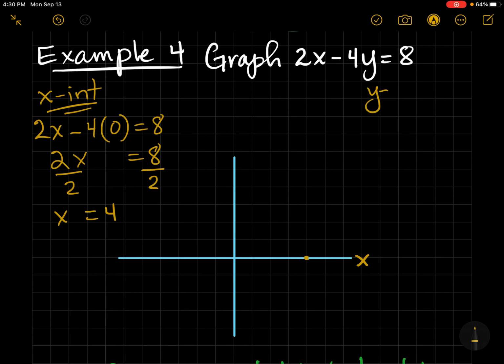Now to find the y-intercept, we're going to make x equal 0. You always do the opposite variable.